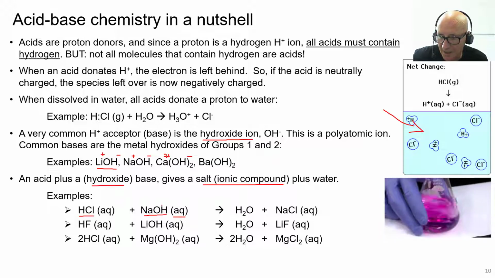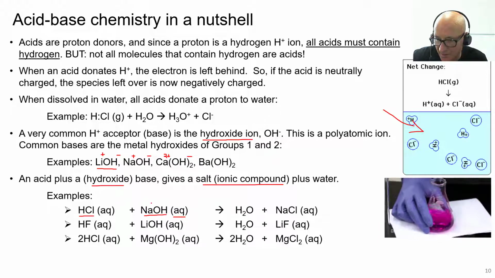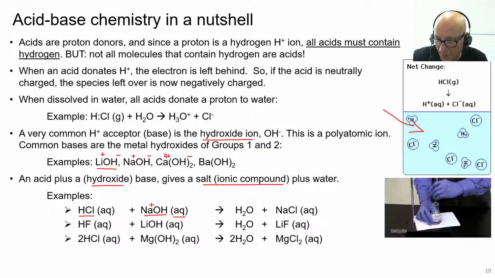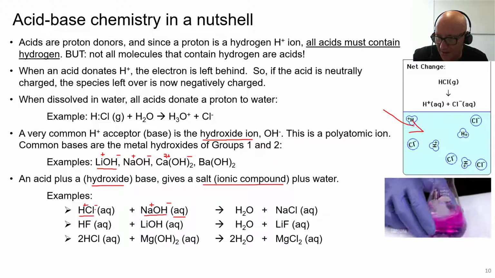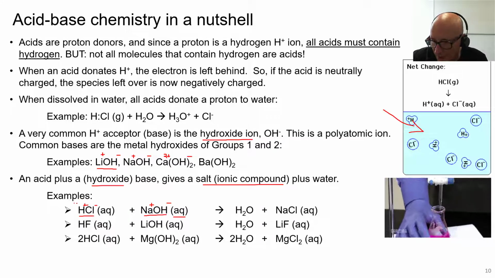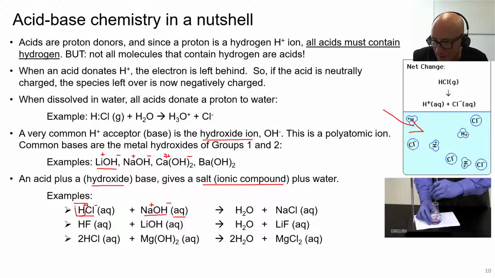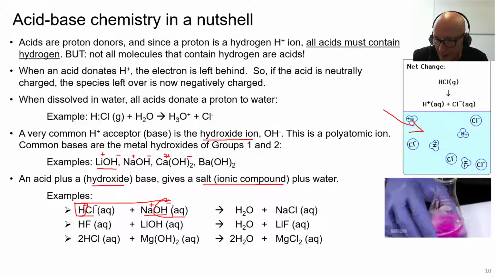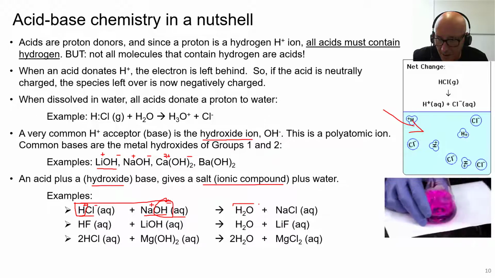And what's happening there is, let's draw some things in here. We've got Na plus, OH minus, this H plus here. You can think of this at the moment as Cl minus, even though it's a covalent compound, it'll do. This H plus adds to this OH minus, and you get H2O.